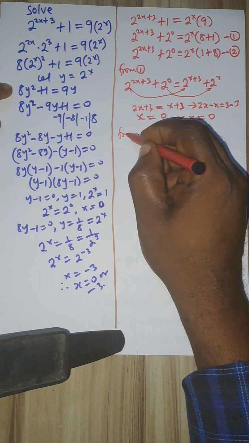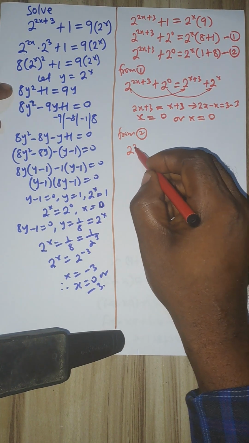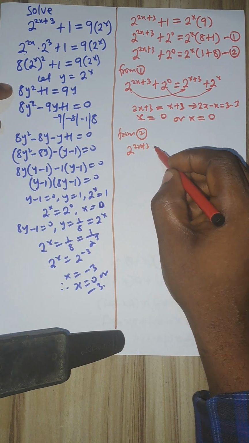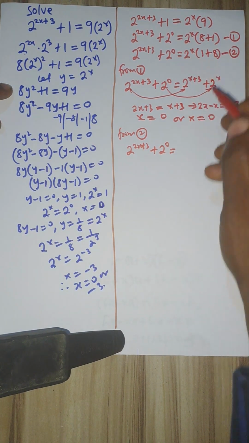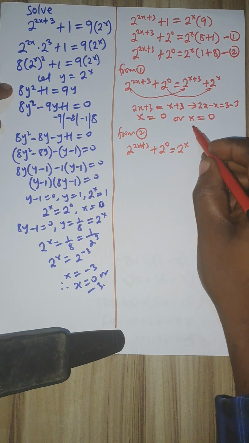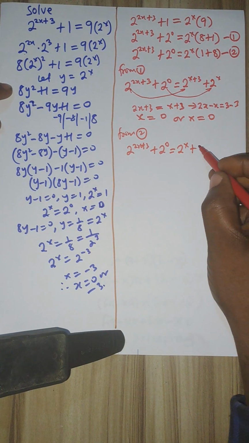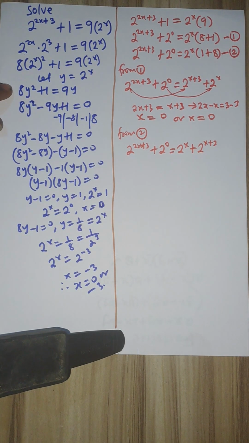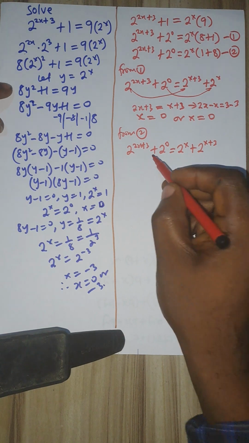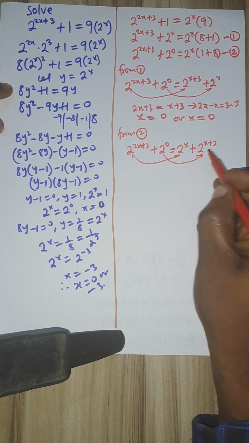Now from equation 2, you see that you have 2^(2x+3) plus 2 to the power of 0 equals 2^x times 1, which is 2 to the power of x, plus 8, which is 2 to the power of 3, so we'll have 2 to the power of x plus 3, because when they have the same base, you add their exponents. Again, this and this are equal, this and this are equal.